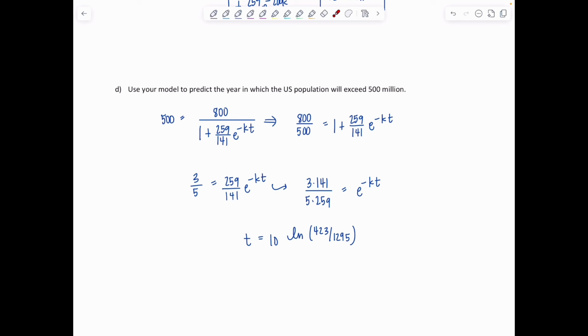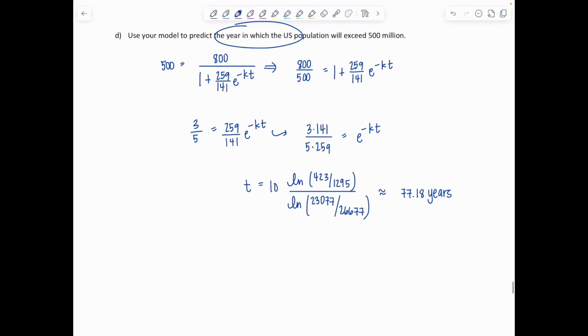That's all of this being multiplied out, divided by k, which is natural log 23,077 over 26,677. Well, I flipped this to get rid of the negative, okay? And then all of this comes out to be approximately 77.18 years. So in which year will the population exceed 500 million? In the year 2077.